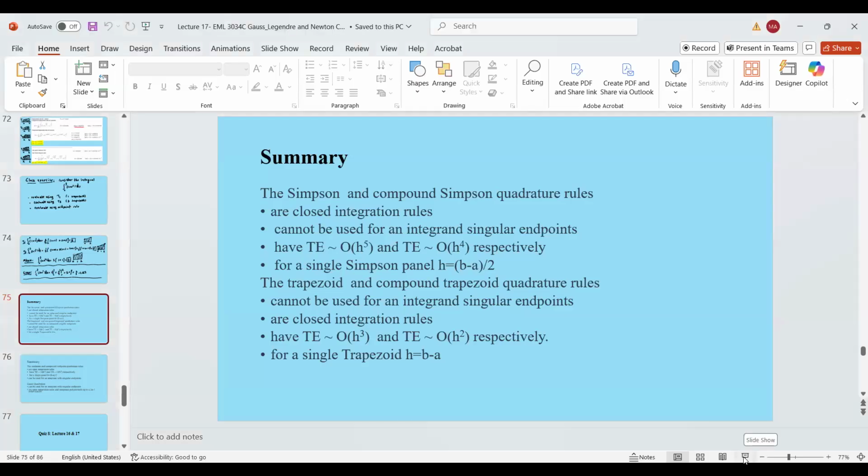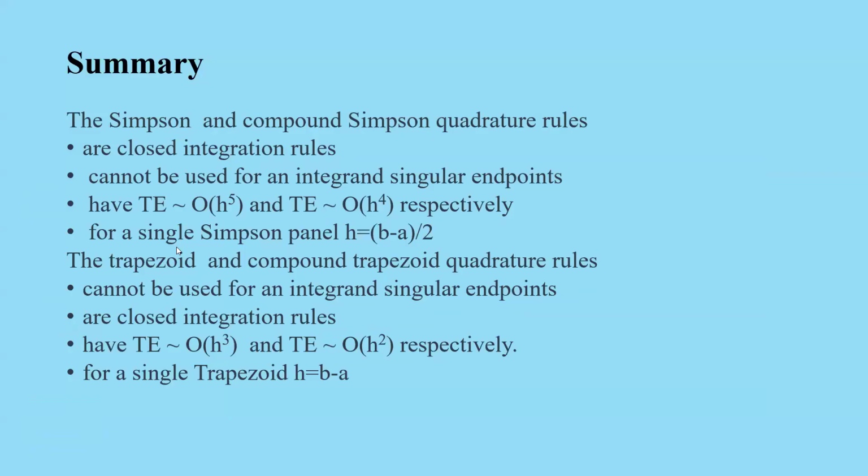This is the summary of this lecture. For the Simpson and compound Simpson quadrature rules, we learned that these are closed integration rules, and we cannot use this method for an integrand with singular endpoints.